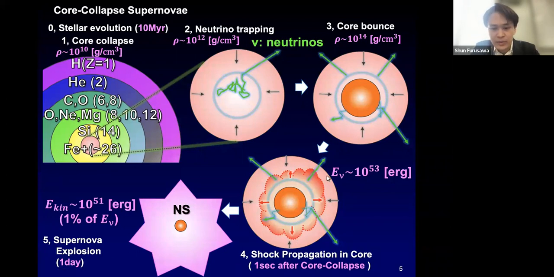The neutrinos emitted from the proto-neutron star hit the matter around the shock wave and assist the shock expansion. This is the neutrino heating mechanism, and this is the promising scenario of core collapse supernova explosion. It takes about 1 day to blow up the outer envelopes.